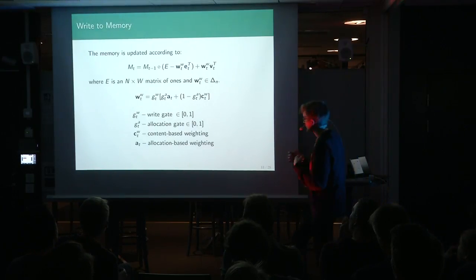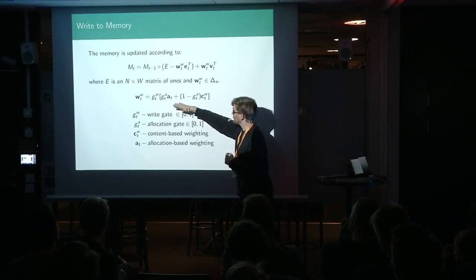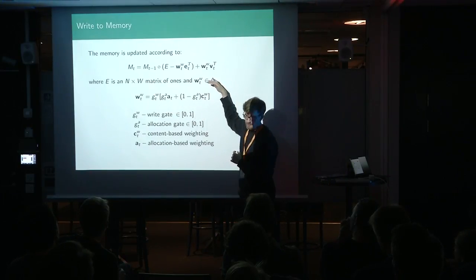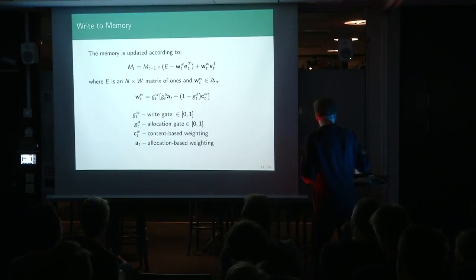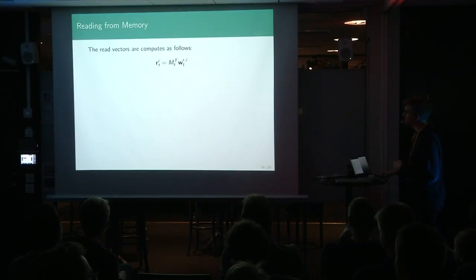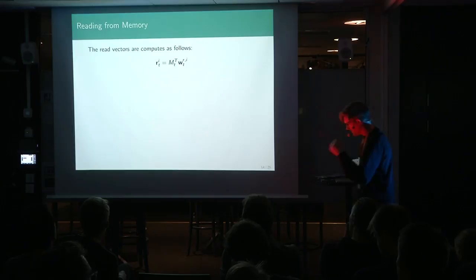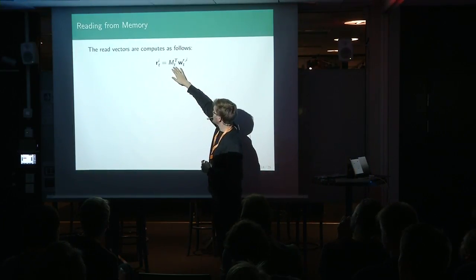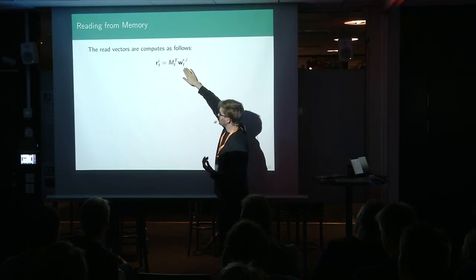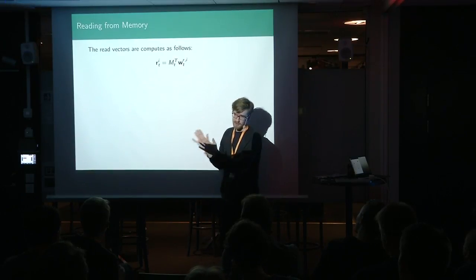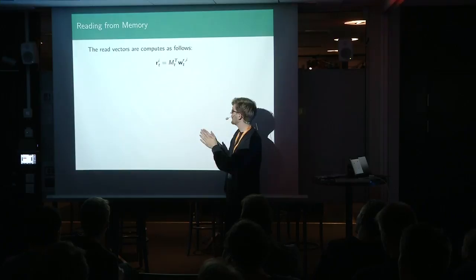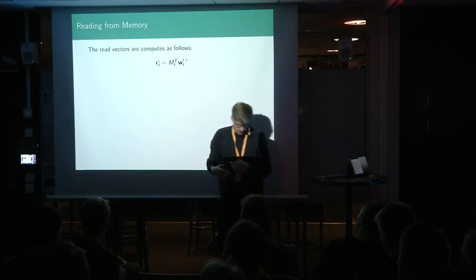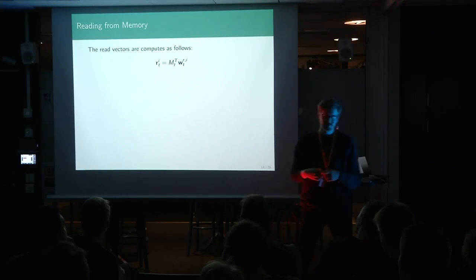This is how we choose the weighting of how to write to the memory. And now we come to the reading part. How you read from memory is just like this: you take the memory, and then you have a weighted linear combination of the rows, and that gives you what you read.